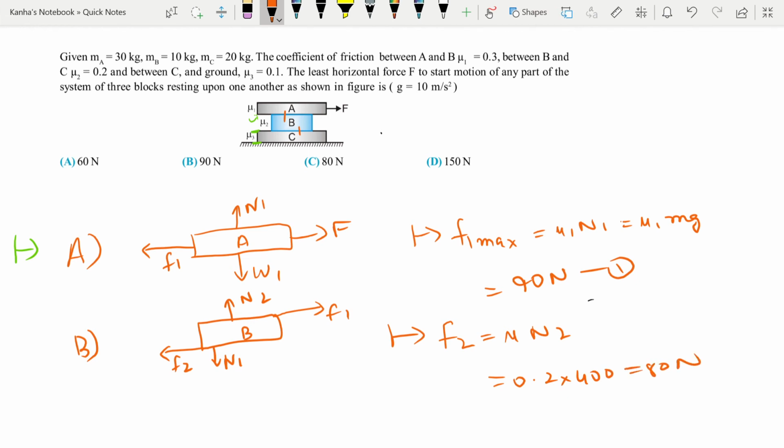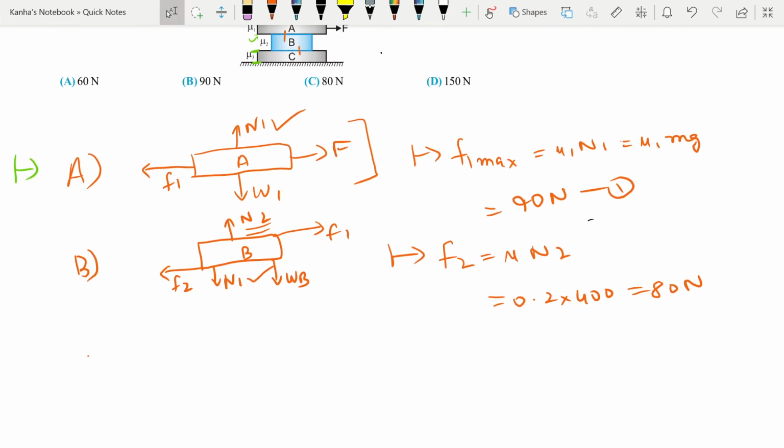How did I find this? Basically, you use N1 is equal to W1 from here. Because the weight of A is given, you can easily find N1. Then you substitute N1 here. Then you can easily find N2 and so on and so forth. For WB, I will have my WB as well. So you just have to make the free body diagrams carefully.